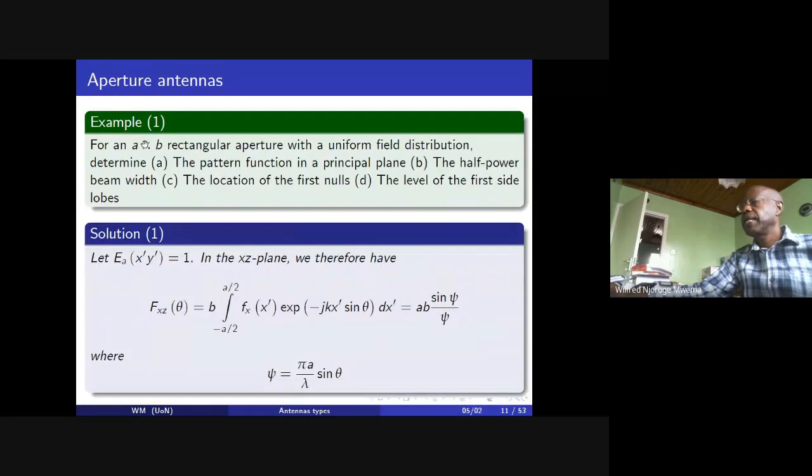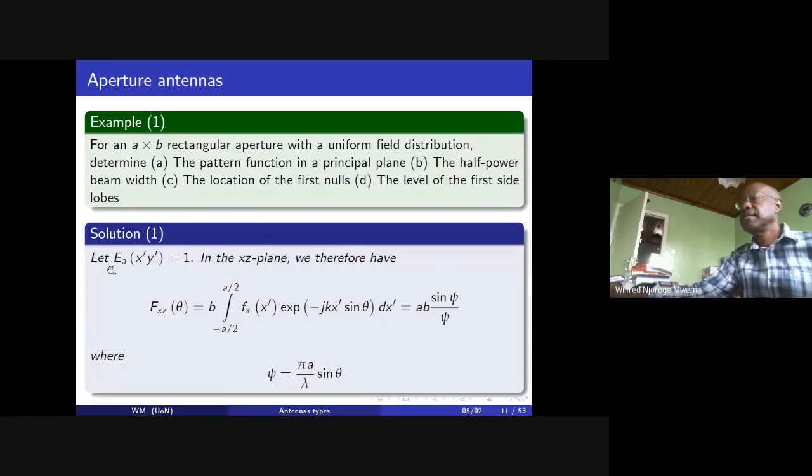So example 1 then. For an a by b rectangular aperture with a uniform field distribution, determine A, the pattern function of a principal plane, B, the half power beam width, C, the location of the first nulls, and D, the level of the first side lobes.